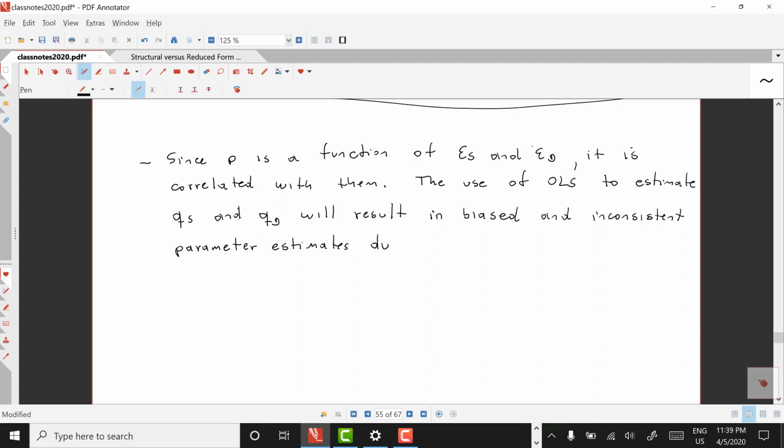And that's what's called the simultaneous equation bias.